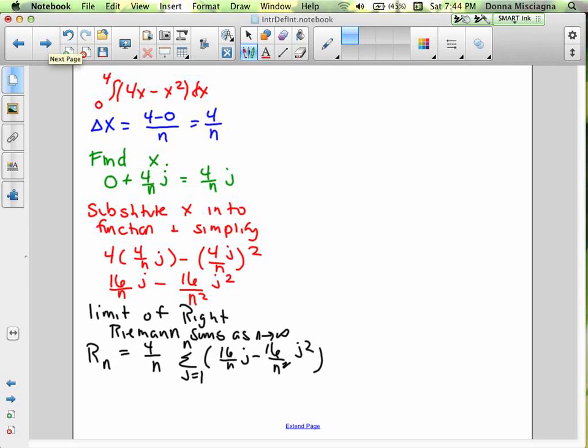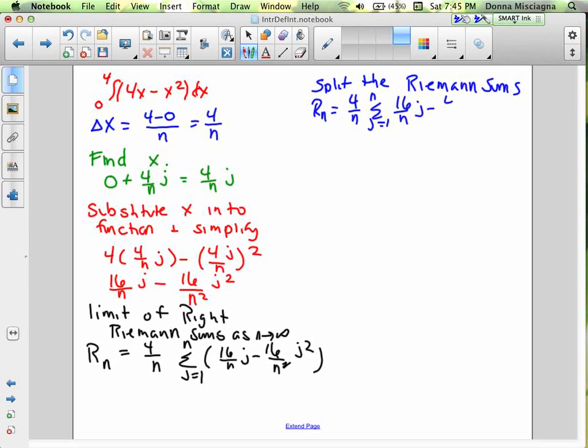All right, so now we'll split that up. So we'll split the Riemann sums. So we have R of n equals 4 over n, sigma j equals 1 to n, 16 over n j, minus 4 over n, sigma j equals 1 to n, 16 over n squared j squared.